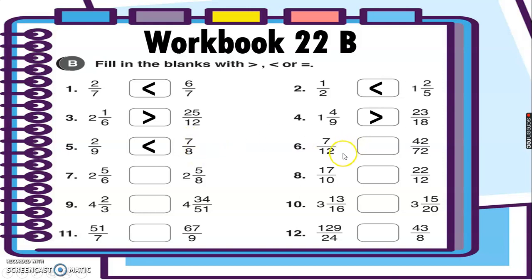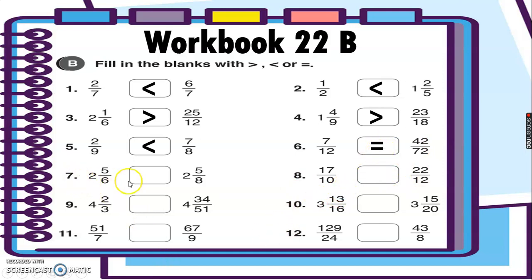Less than. Next, number 6, 7 over 12 and 42 over 72 is equal. How can you know? You can cross multiply 7 times 72 and 12 times 42. They have the same value. So the answer is equal.